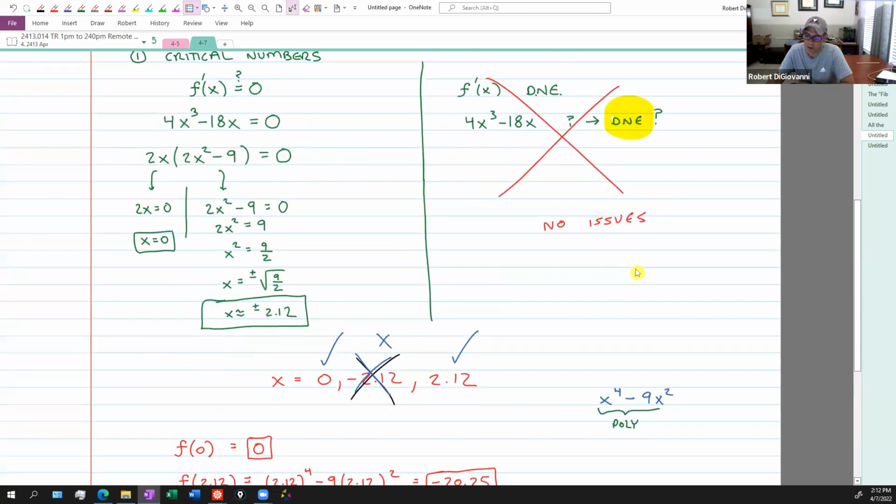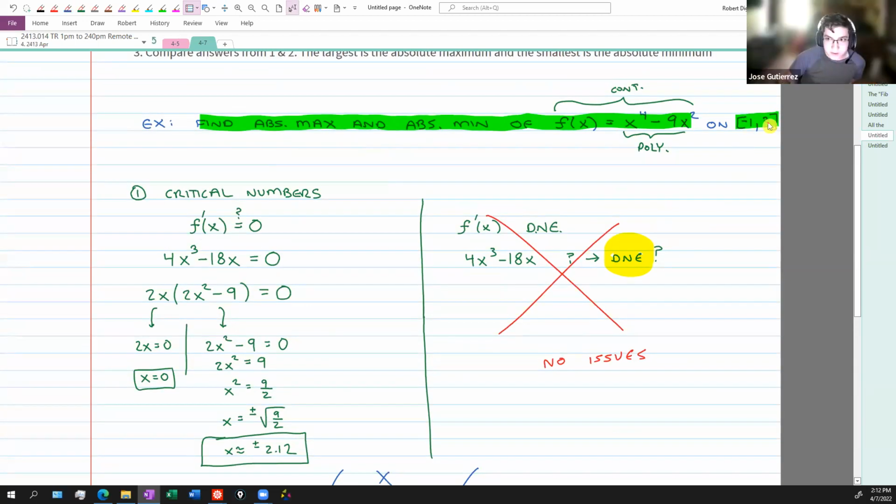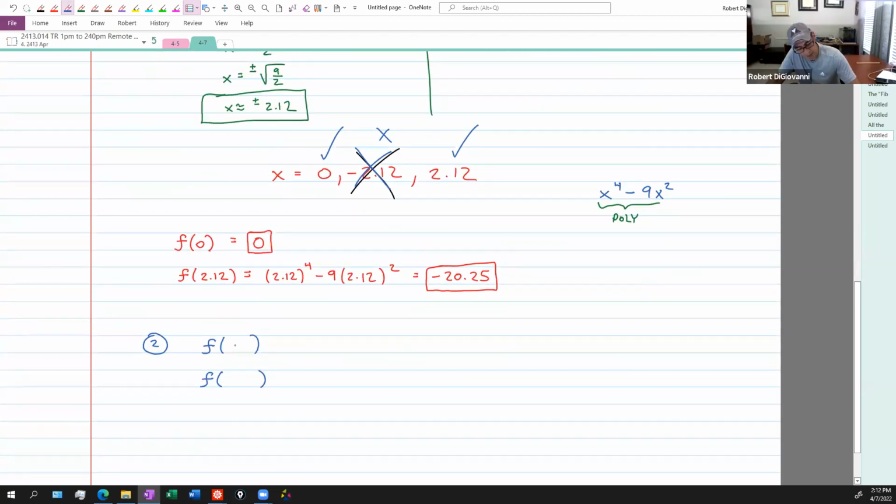What were our 2 endpoints? Negative 1 and 3, right? So I plug in -1 and 3. That's -1 to the 4th minus 9 times -1 squared, and then 3 to the 4th minus 9 times 3 squared.